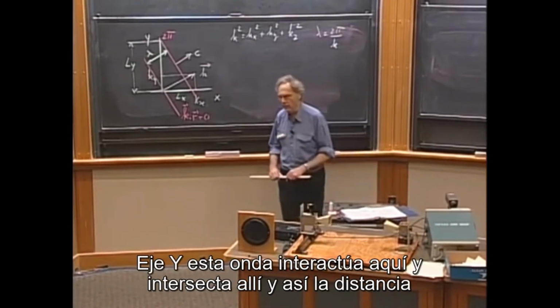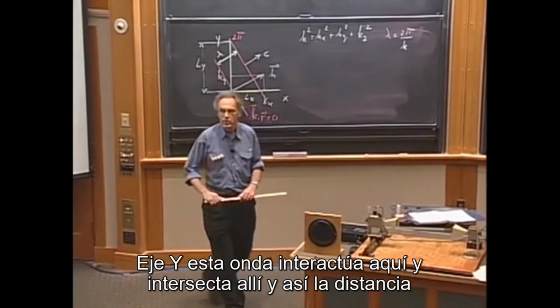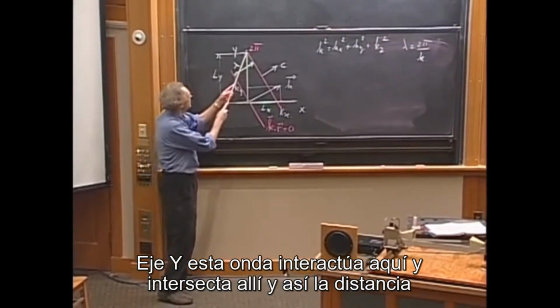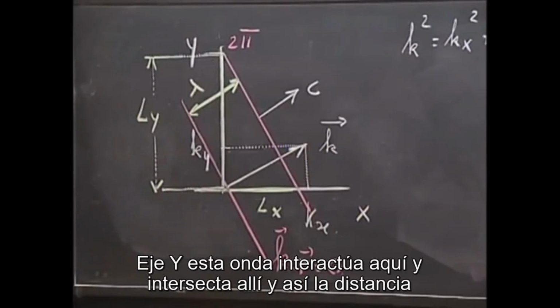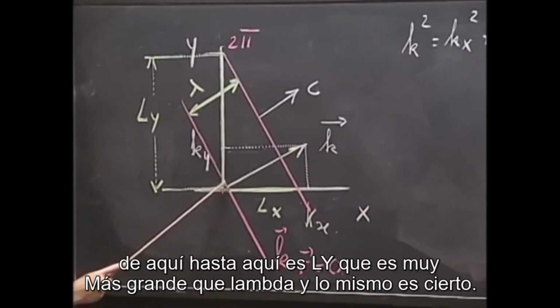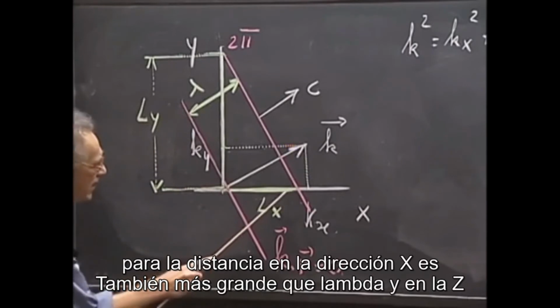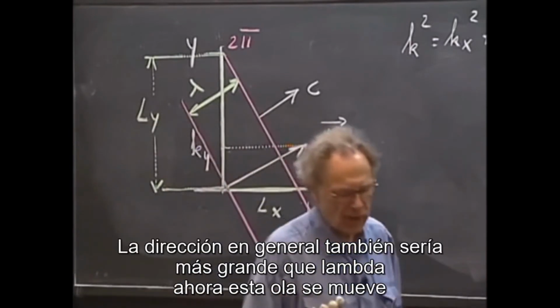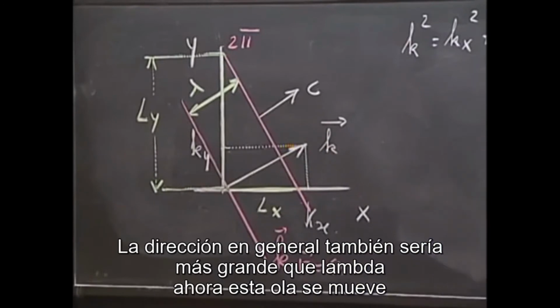Now look at the intersection of this wave with the y-axis. This wave intersects here, and it intersects there. And so the distance from here to here is Ly, which is way larger than lambda. And the same is true for the distance in the x direction, it is also larger than lambda.